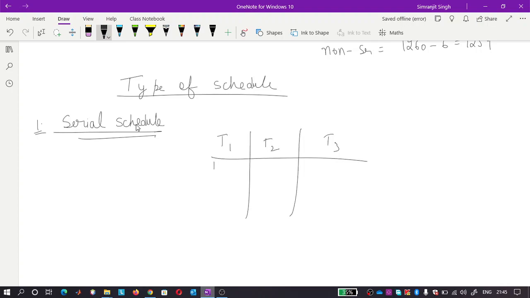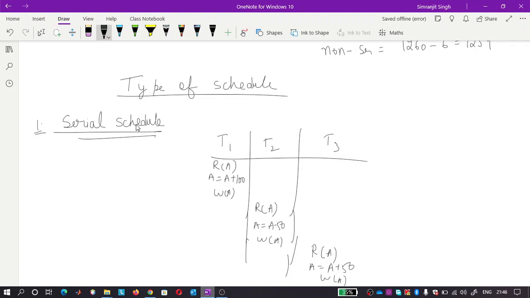T1 reads the value of A, adds 100 to it, and writes the value. It is completely over. Now T2 reads the value of A again, subtracts something out of it and writes the value of A again. It is completely over. Then transaction T3 works, reading the value of A again, adding 50 rupees and writing the value of A. If you're doing that, this is referred to as a serial schedule.